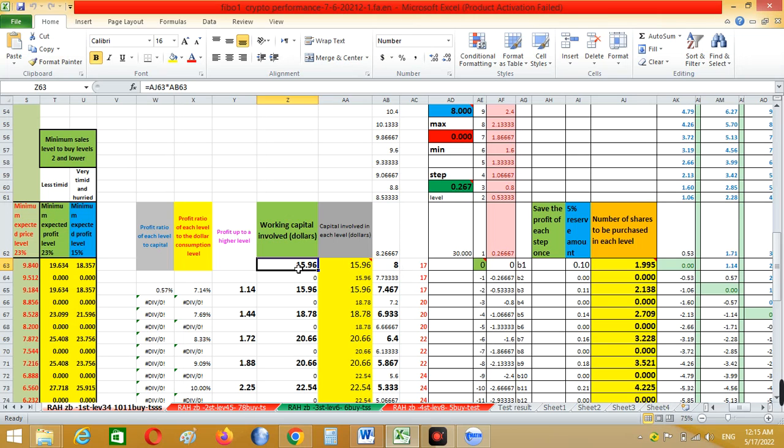After this amount of dollars is divided by 8, it shows us the amount we need to buy at this price, equal to 1.99. Next buy 7.46, we need to buy 2.13, and so on.